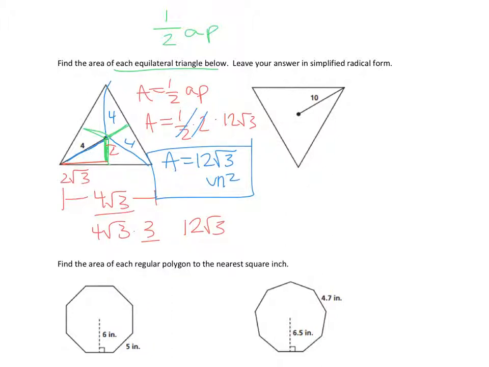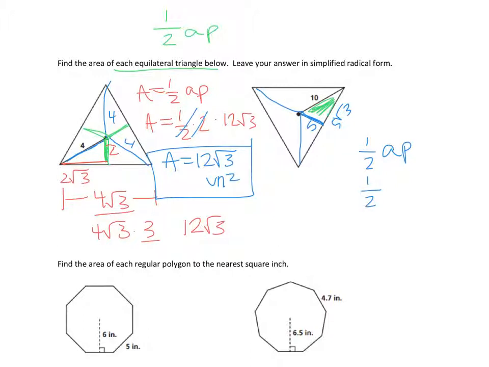In the second one, again, you have a radius, so I'm going to draw in the other radii. So this is 10, this apothem has to be 5, this is 5 root 3, because this triangle right here is a 30, 60, 90. So I'm going to write the formula down. The area is 1/2 apothem times perimeter.